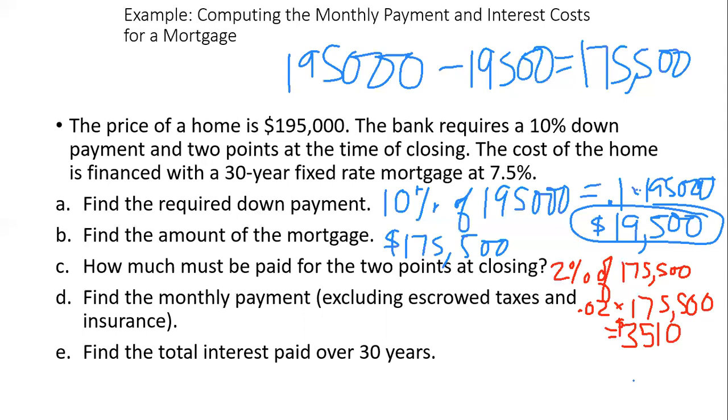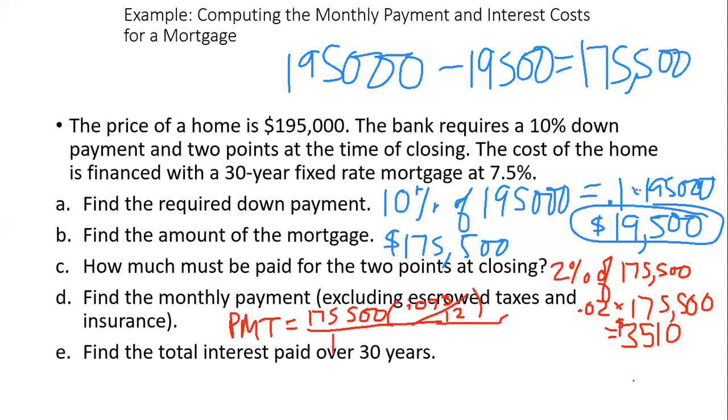So we use formula number 9. The payment is going to equal the amount of the loan, 175,500 times R, which is 7.5%, over N.